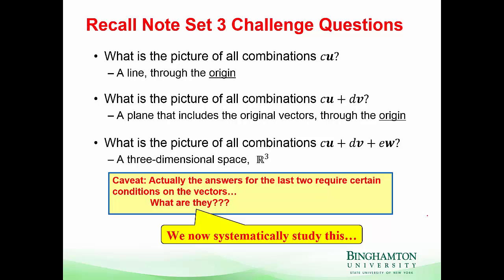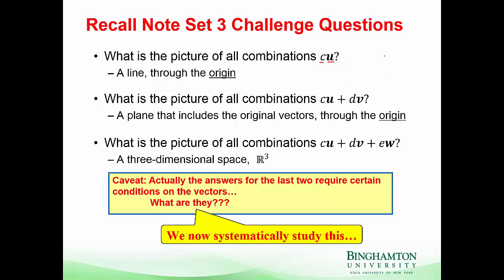So if we go back to the challenge questions that we had towards the end of note set number 3, we asked 3 questions. So you've got some vector u, and we wanted to know if I varied the coefficient c in front of it, could set it to anything and everything, what do I get?